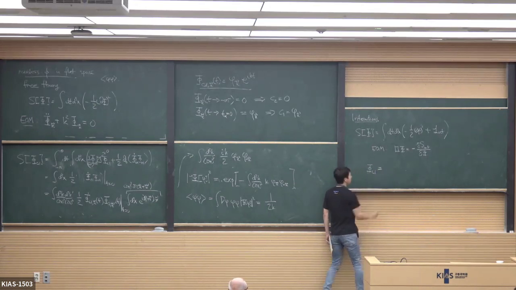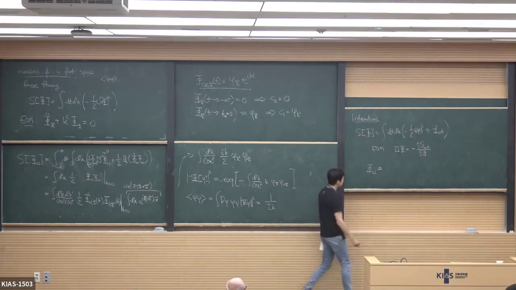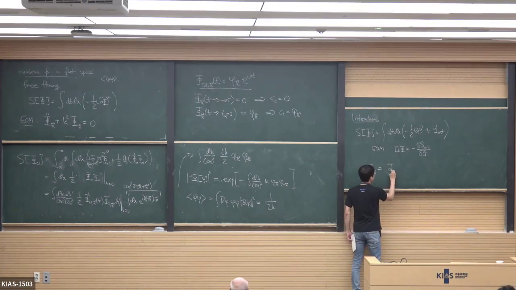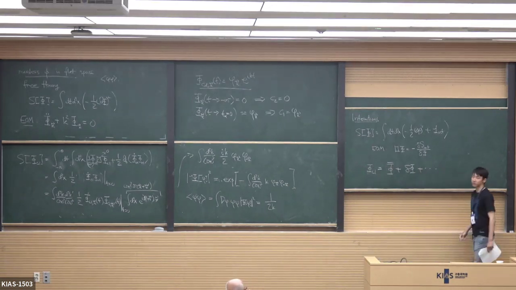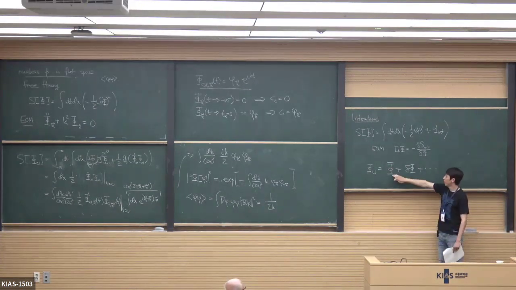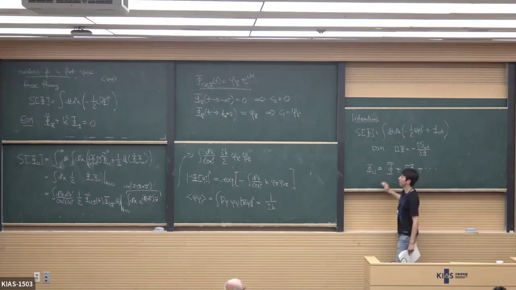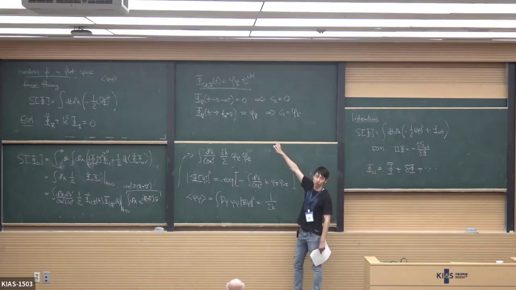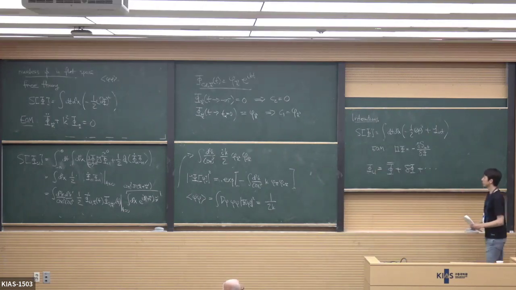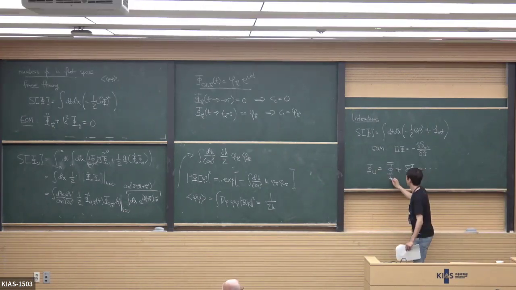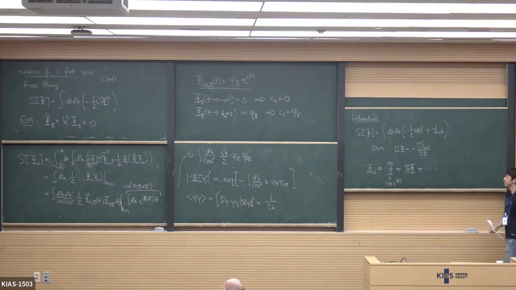Okay, so now phi classical, we will expand around some background solution in this manner, where by phi bar, I mean the solution that we obtain in the free theory, without any interaction. Okay, so this is phi e to the ikt we just solved.